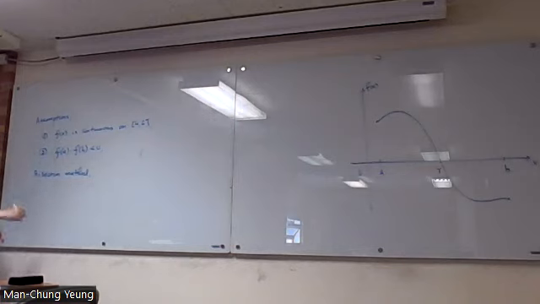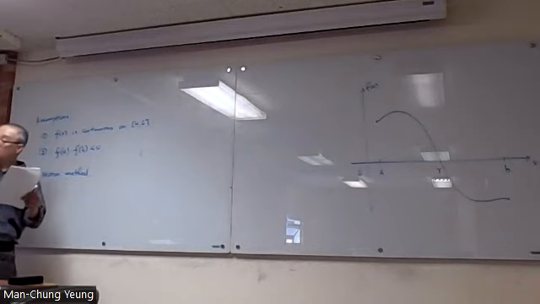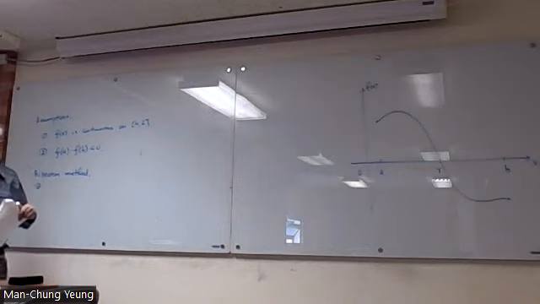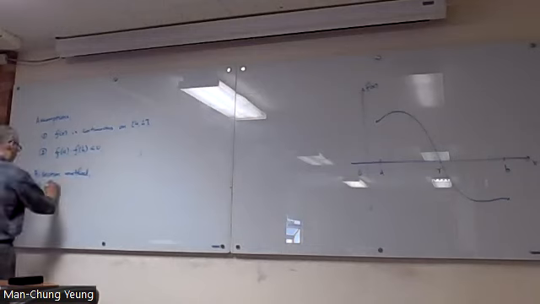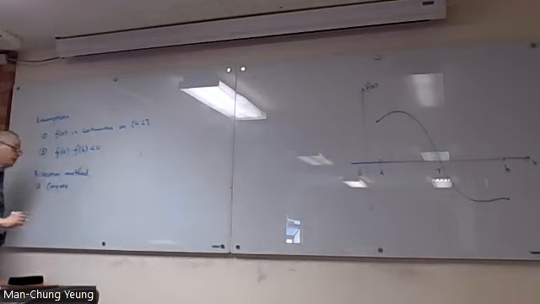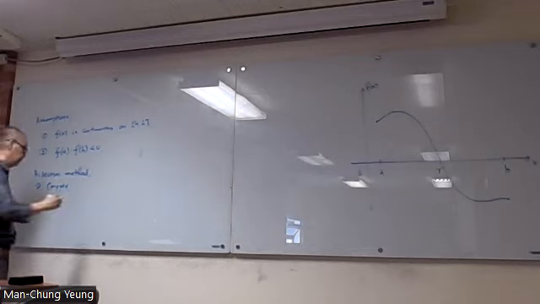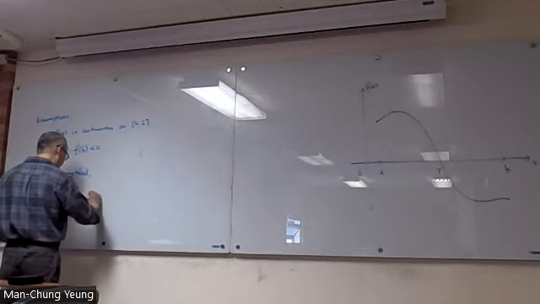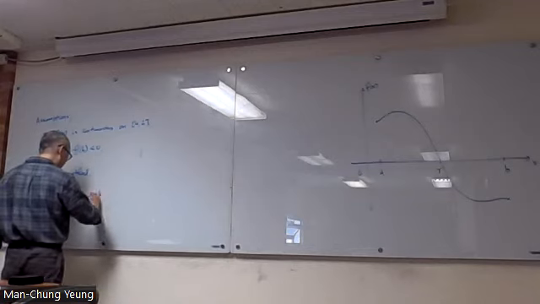Under these two assumptions, step one, compute the midpoint of the interval AB. Let me use C as the center, C equals A plus B divided by two.